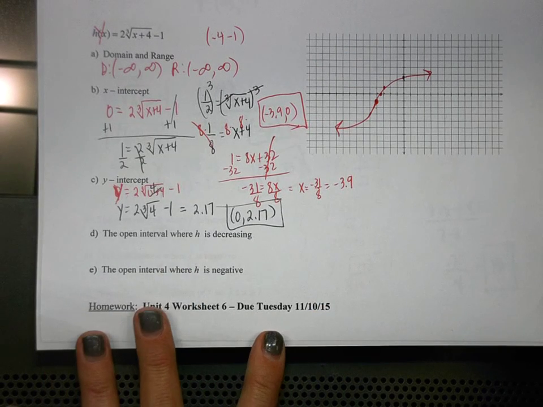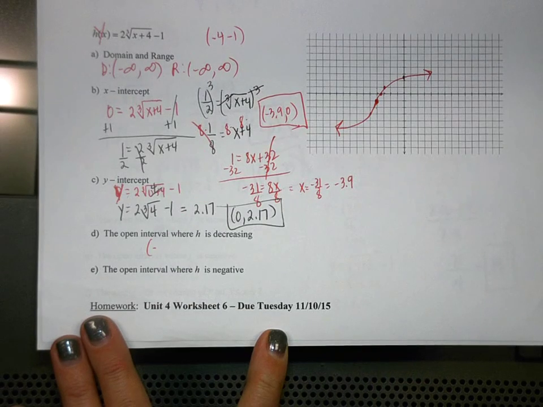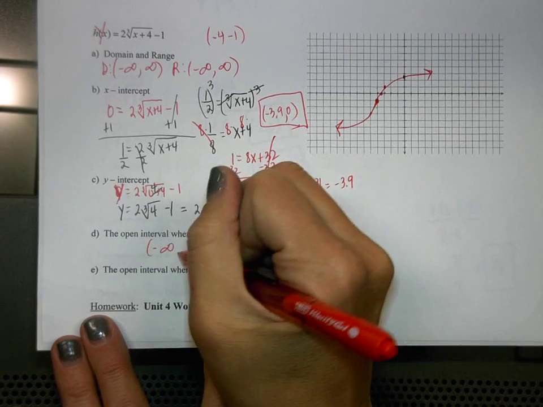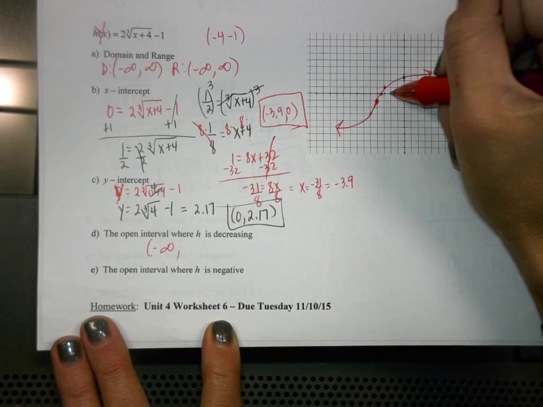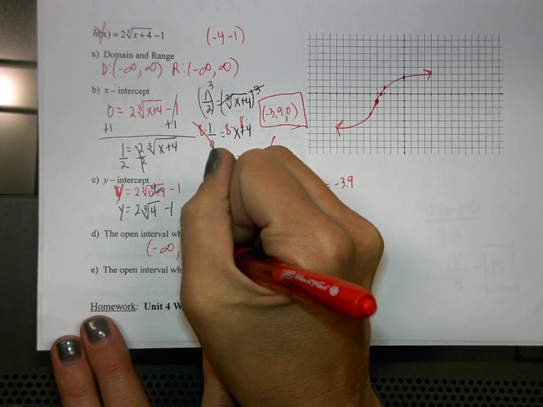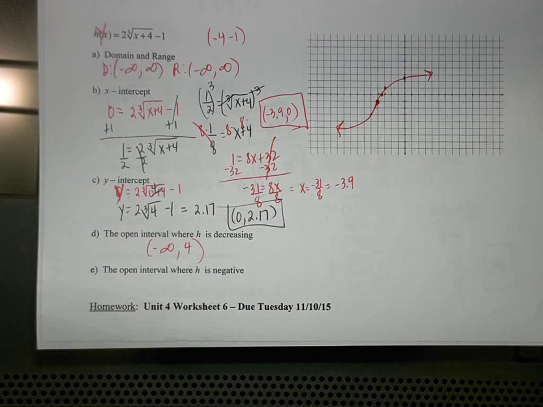Negative infinity to 4. It's actually 4 where it changes. And we're just going to use parentheses because when you're talking about increasing and decreasing, remember, at the point when it's not increasing or decreasing, it's basically nothing. And so at 4, it's neither increasing nor decreasing. It's where it's changing. Okay?